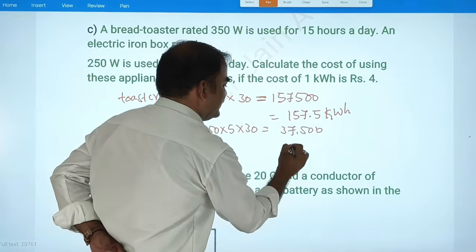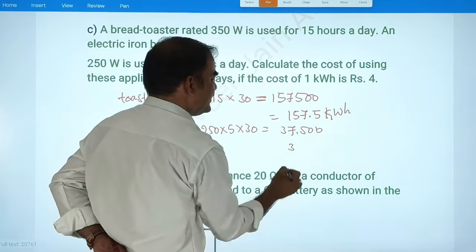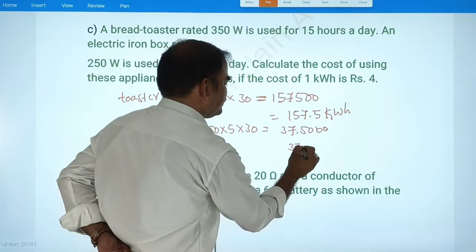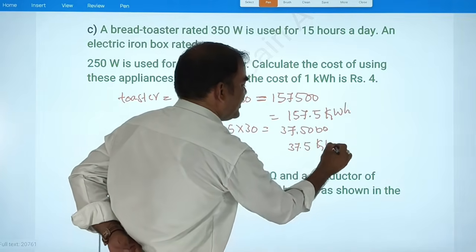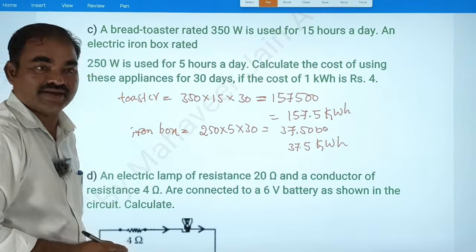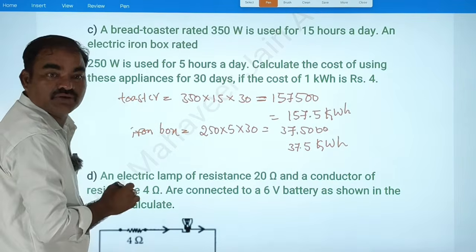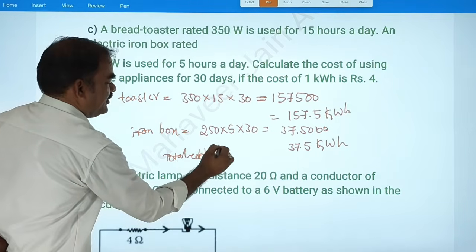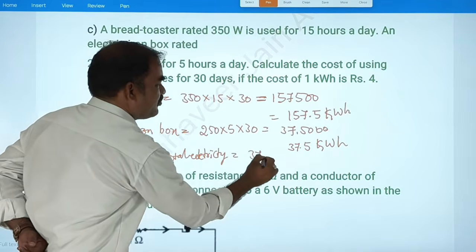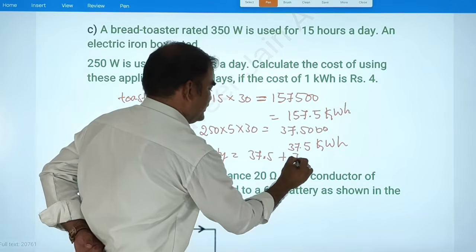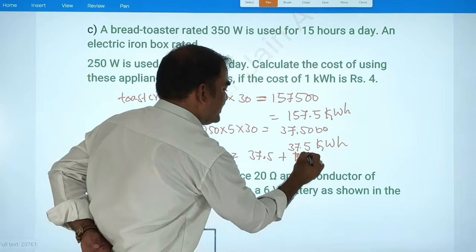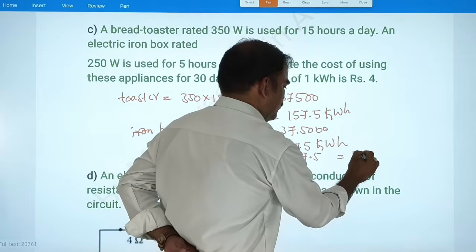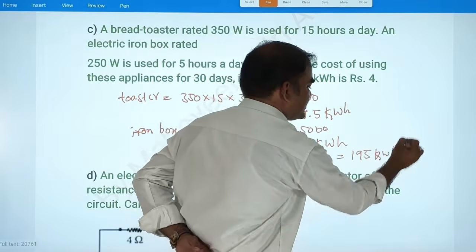Now I will write it as 37.5 kilowatt hours. So the total electricity consumed is 37.5 plus 157.5, so we get 195 kilowatt hours.